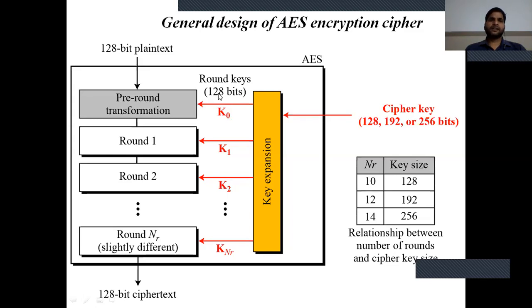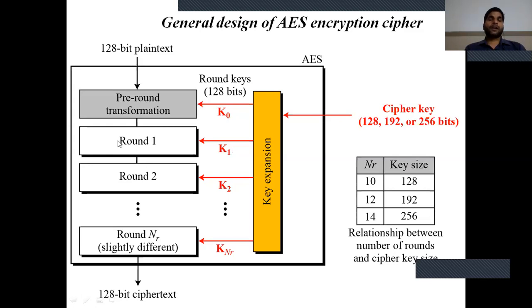The output of the pre-round transformation is the input to round 1, which encrypts this data with the help of key K1.